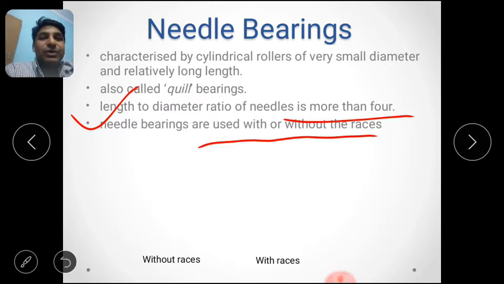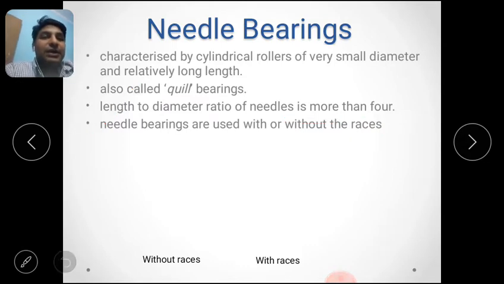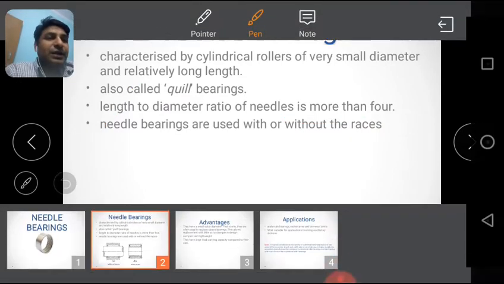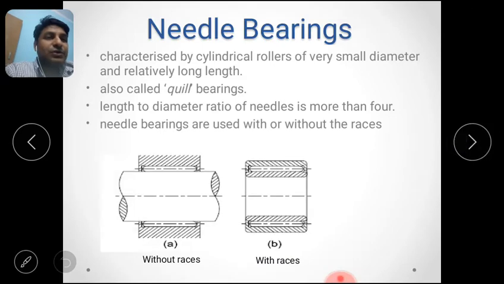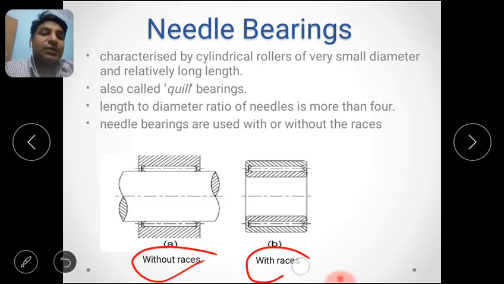This is a very important point, and it can be understood from the next figure. Here there are two figures. In the first figure you will see the needle bearing without race, and in the second figure it is with race.